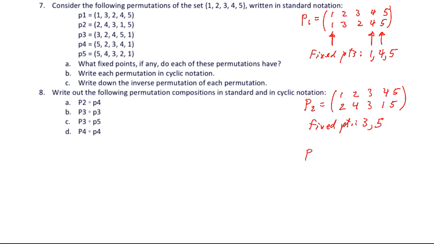For permutation 3, we can write it like this: 3, 2, 4, 5, 1. And you can see that we have a fixed point of 2.